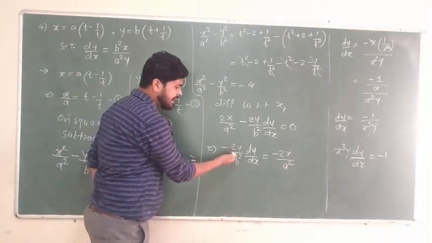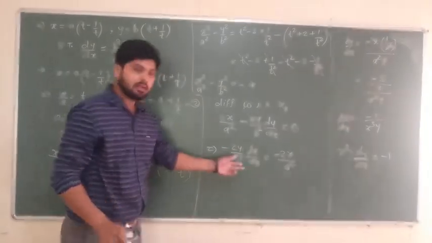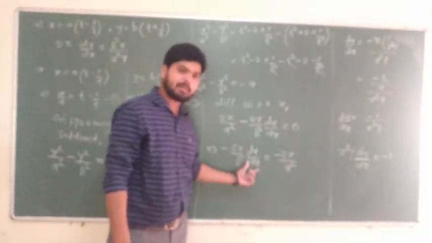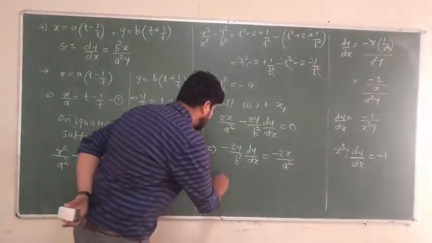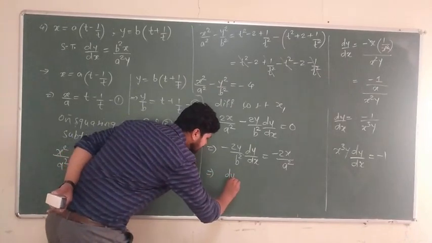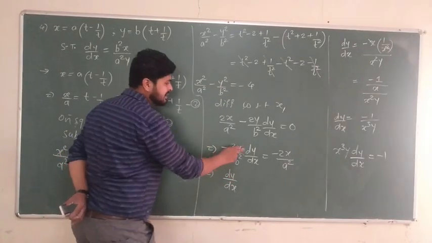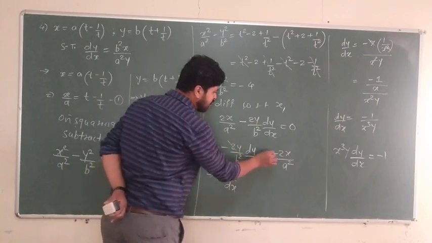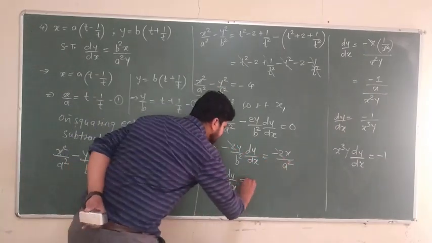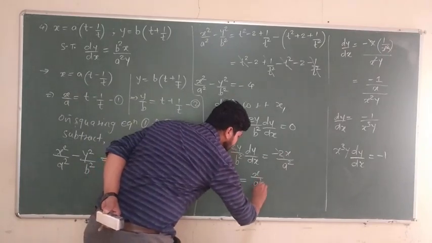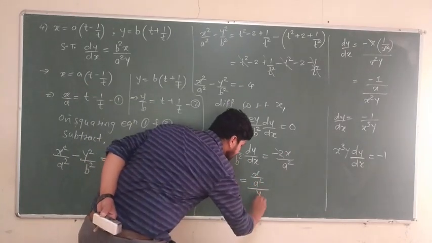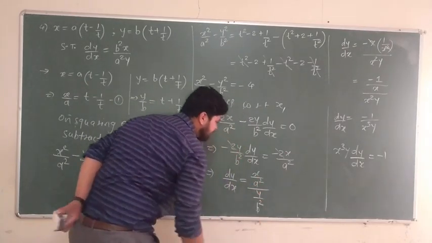Now shift this part, because this term is in multiplication with dy by dx, so if I shift it, it goes into division. What do we get? dy by dx, the minus minus becomes plus, and the 2 also gets cancelled. dy by dx is equal to x upon a square whole divided by y upon b square.